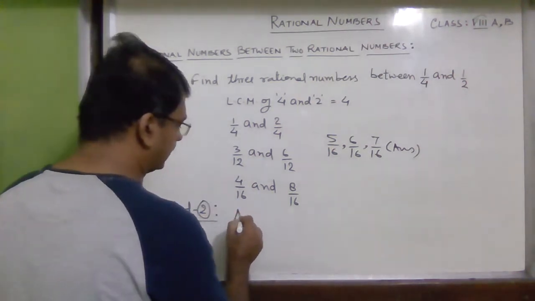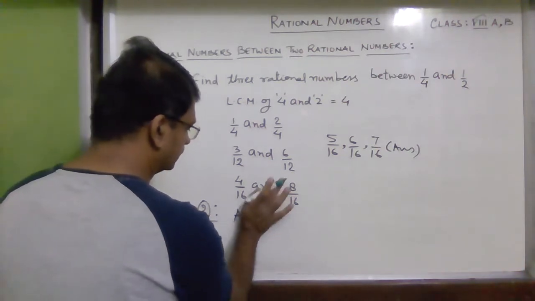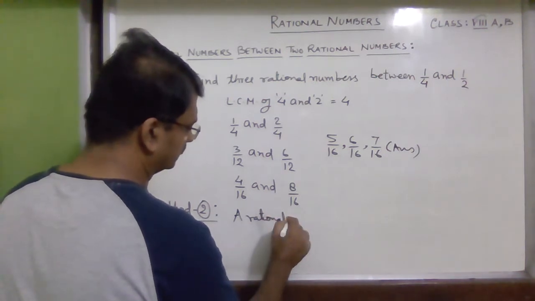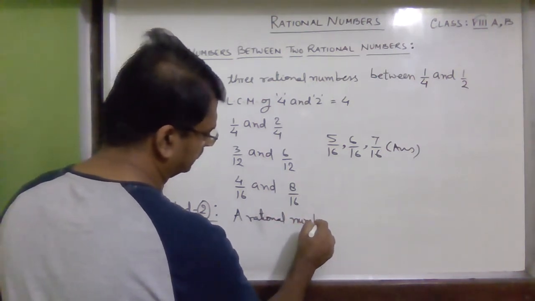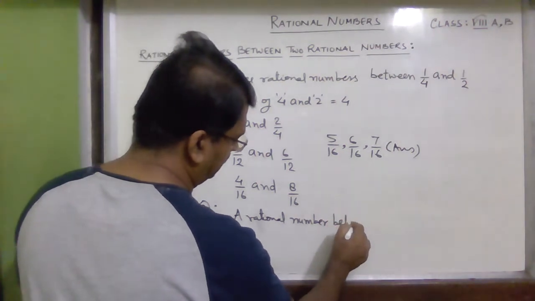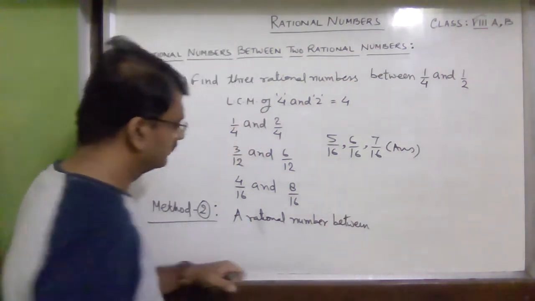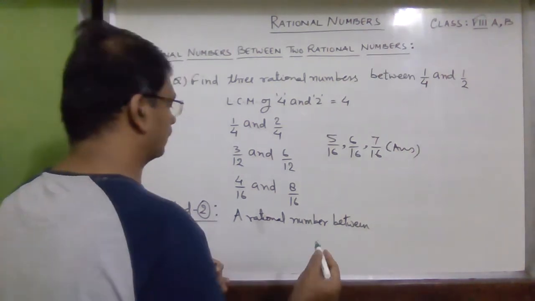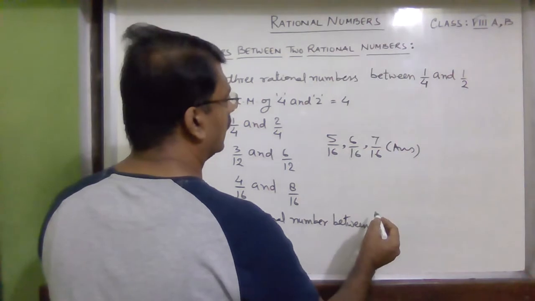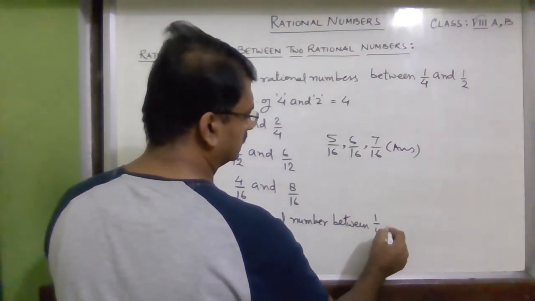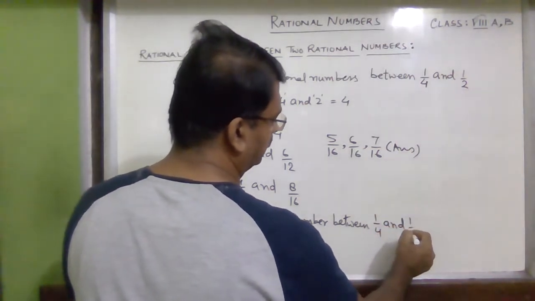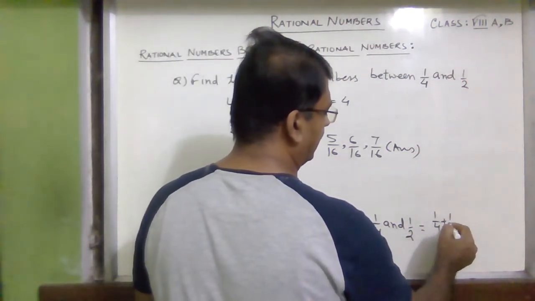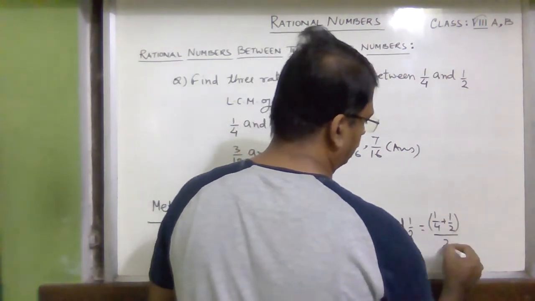So a rational number between 1 upon 4 and 1 upon 2 will be equal to 1 by 4 plus 1 by 2 and divided by 2. Okay?